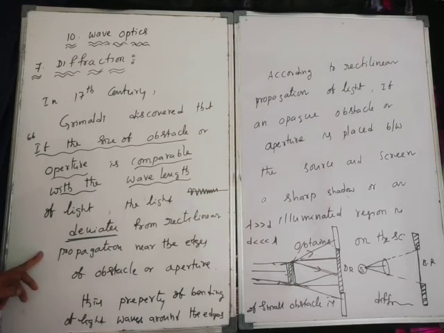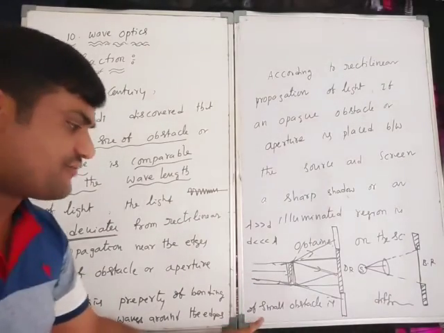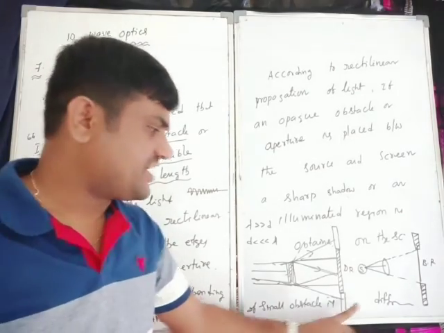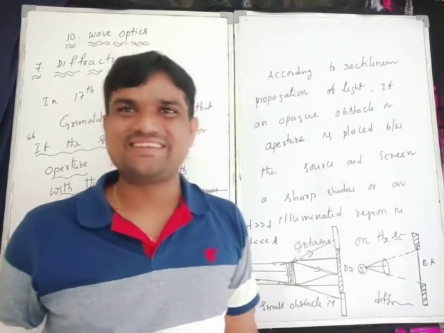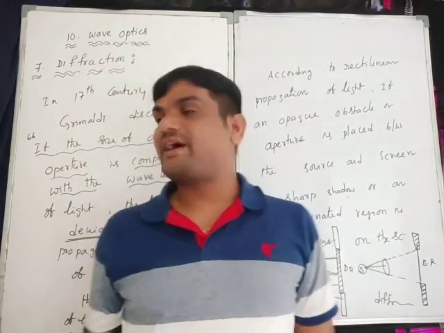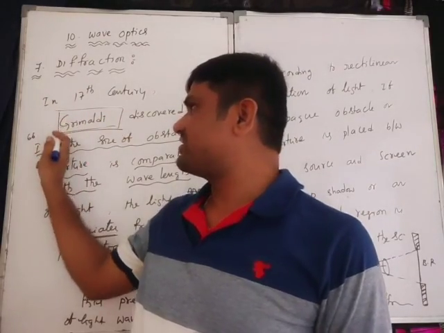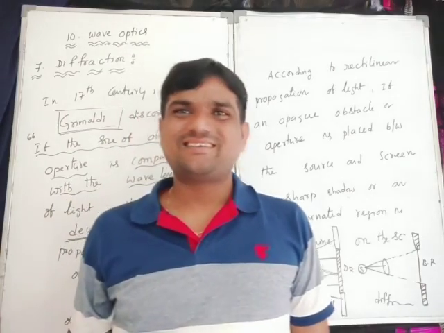This property of bending of light waves around the edges of a small obstacle or aperture is known as diffraction. This was observed by Grimaldi.